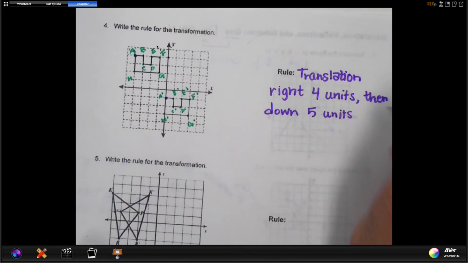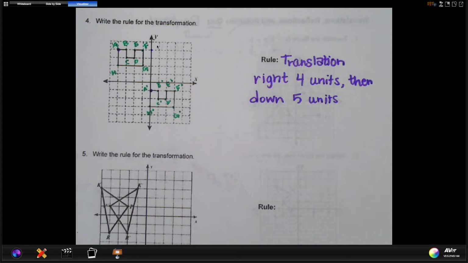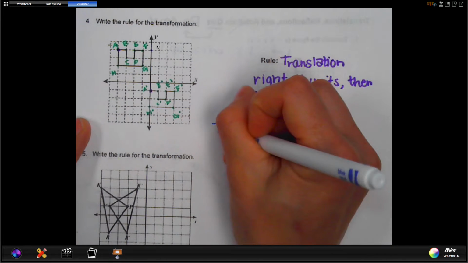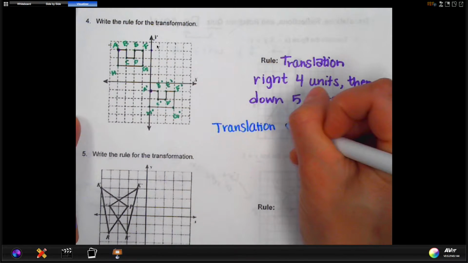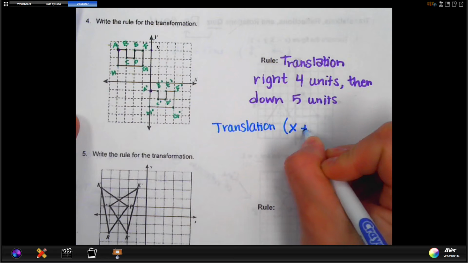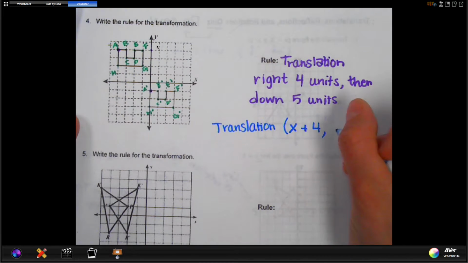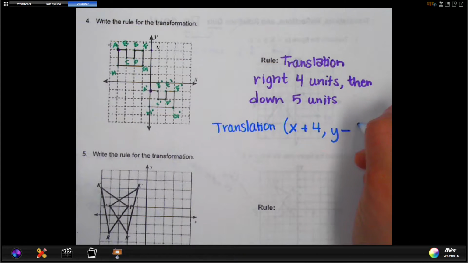Okay, and although this is correct in words, we really want to have this in mathematical notation. So what we would say is translation, and then we would write it like this. X comes first, and right means plus 4 units, and Y comes second, and that's going down, so we're going to say minus 5.